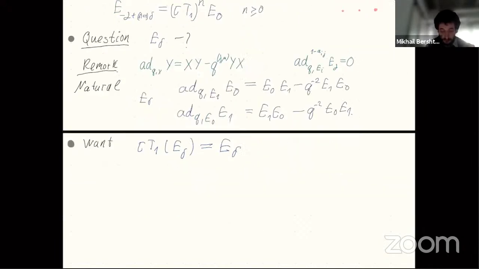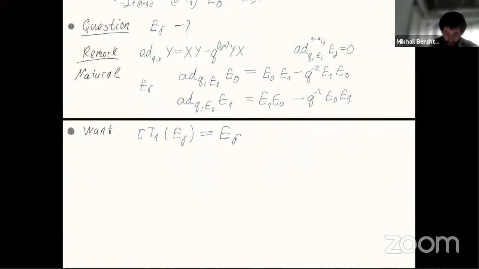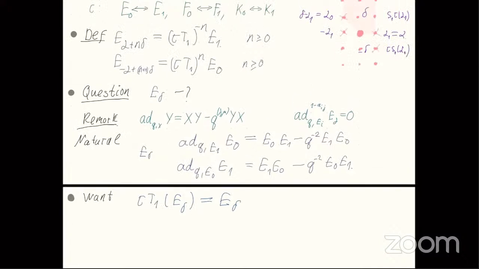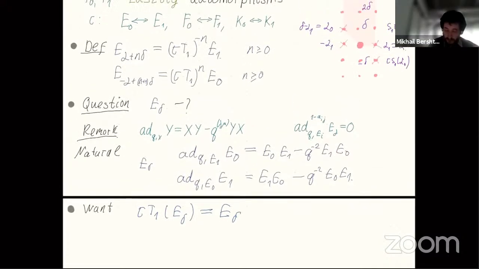Let us do the computation. Tau T1 is a shift. Yes, so this is translation, and how does this translation act?